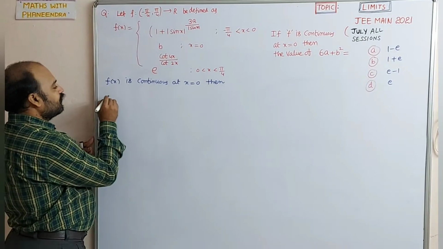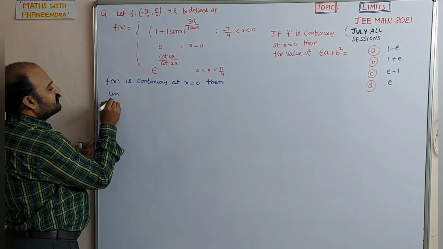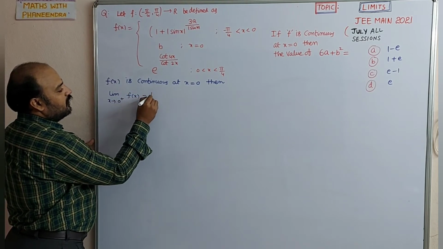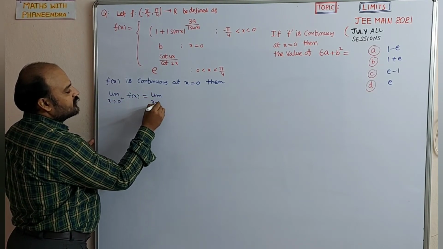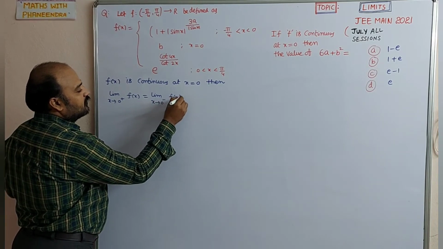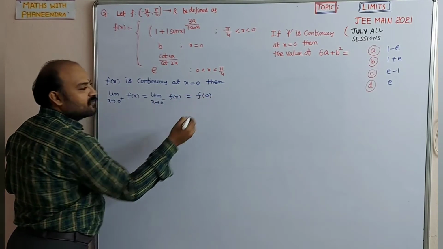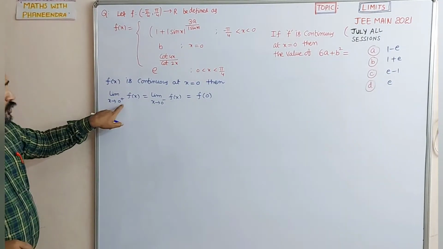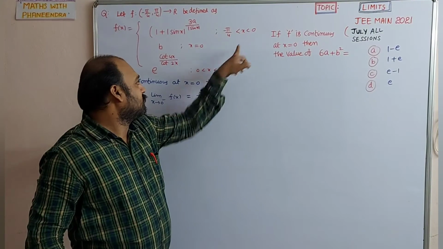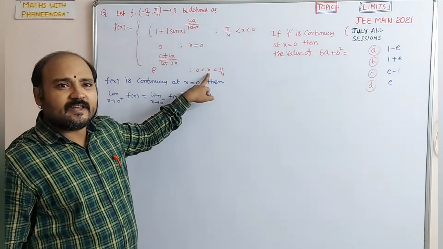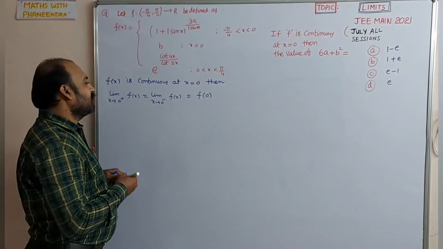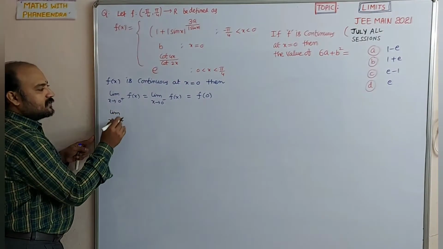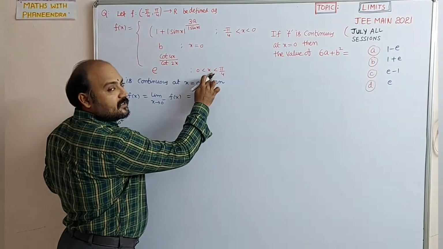Then we have limit x tends to 0 plus f of x, limit x tends to 0 minus f of x is equal to f of 0. So, x tends to 0 plus means x is greater than 0. 0 is less than x means x is greater than 0 only. So you can take here limit x tends to 0 plus f of x value. 0 is less than x, x is greater than 0.